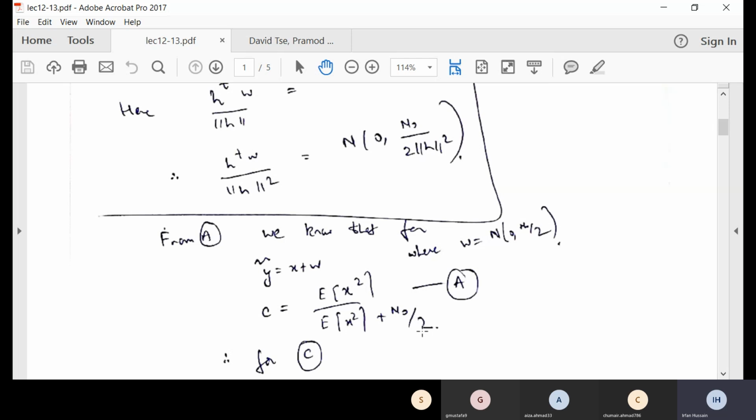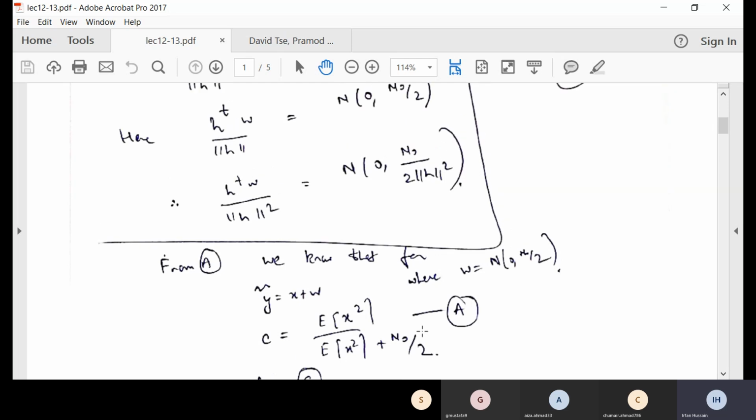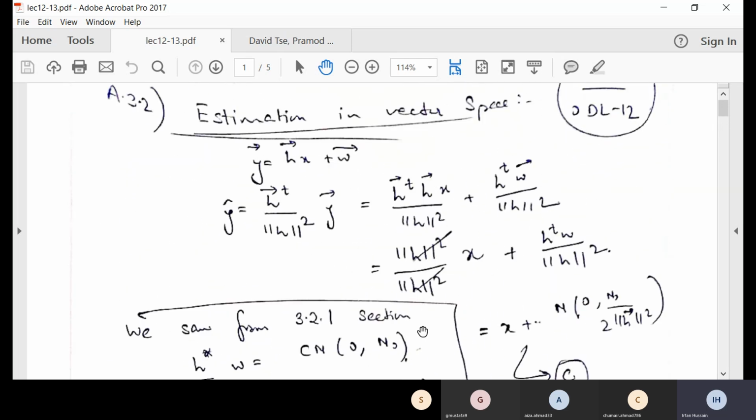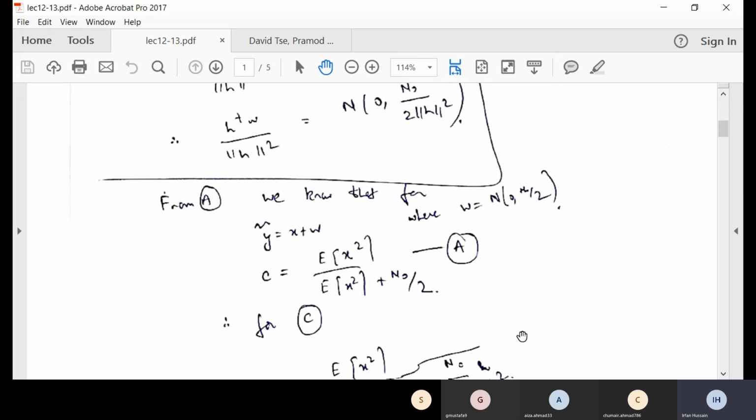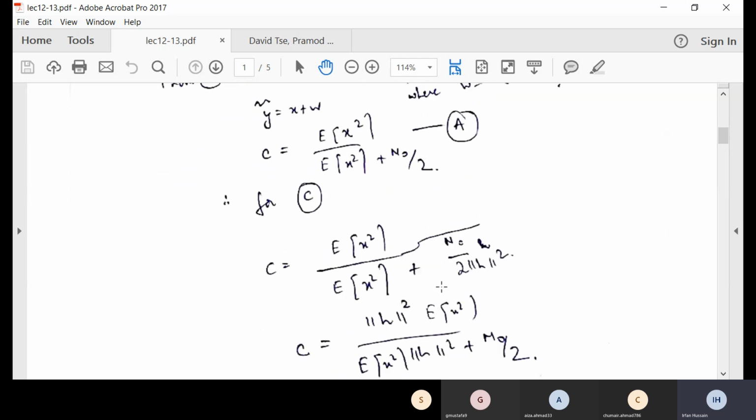So for this case, which we are doing right now, you can see that now Y bar is actually X plus this much. It's again a scalar equation. But now W is not N0 by 2, but you could see it as N0 by 2 H mod square. So we will just replace, now my C will become, everything is the same, only N0 now becomes N0 by 2 H mod square.